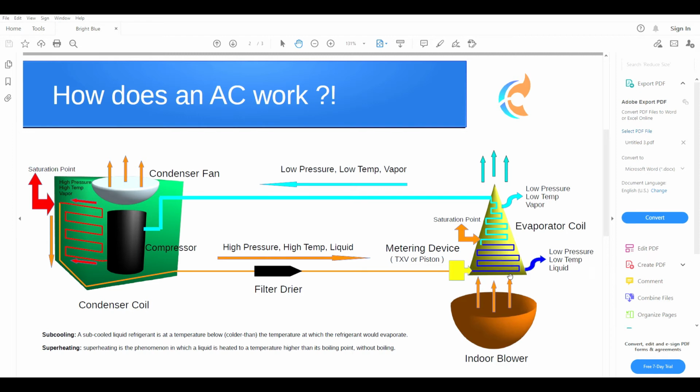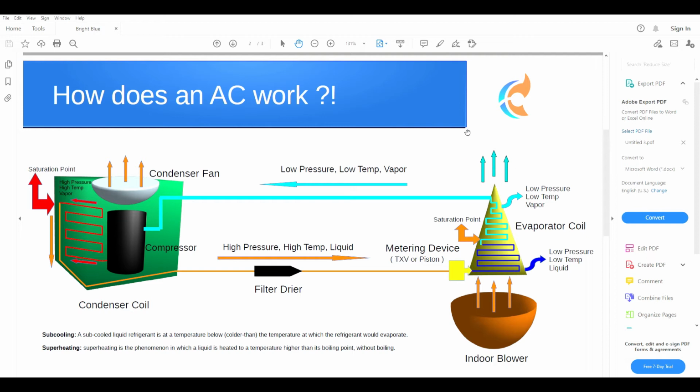It just tries to equalize its temperature with the air that is being passed through it. So it will absorb the temperature from the air, gets warmer, and as it gets warmer, it vaporizes. And also the air that is being passed through the coil is going to get colder because the refrigerant has absorbed the heat of it. So that's how the cool air comes to your house.